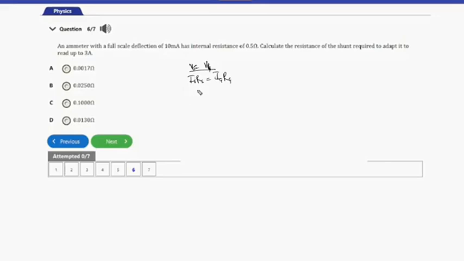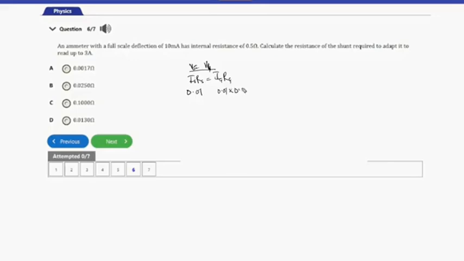So in that case, we are given the current in the galvanometer, which is 10 milliamps, and 10 milliamps is 0.01 amp. So for the galvanometer, we have I to be 0.01, and then the resistance for the galvanometer is actually 0.5 ohms.